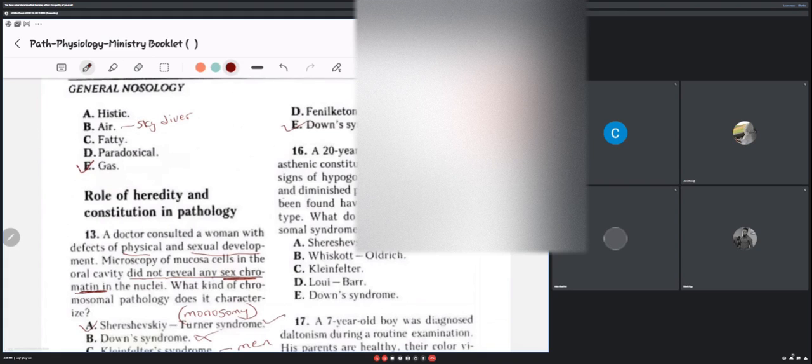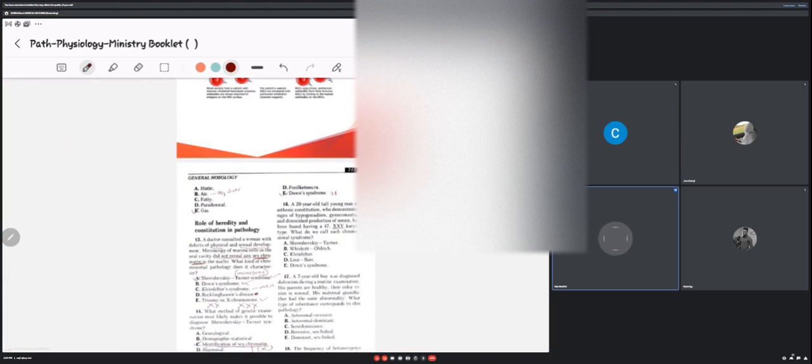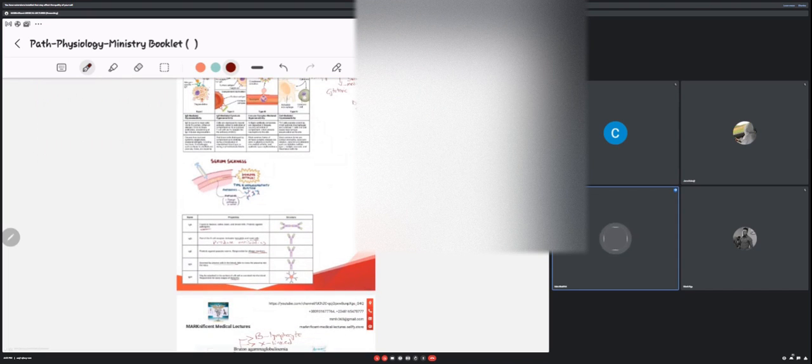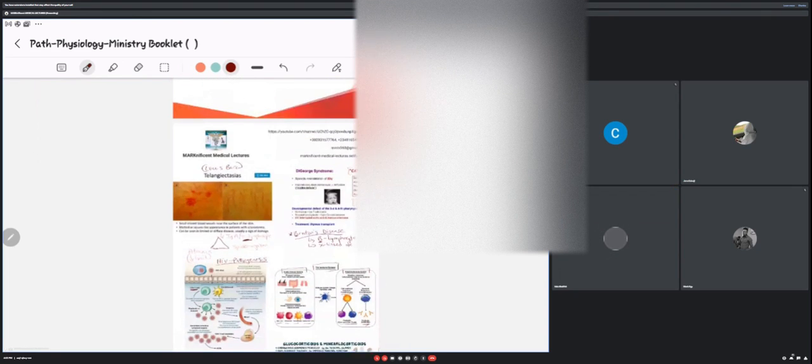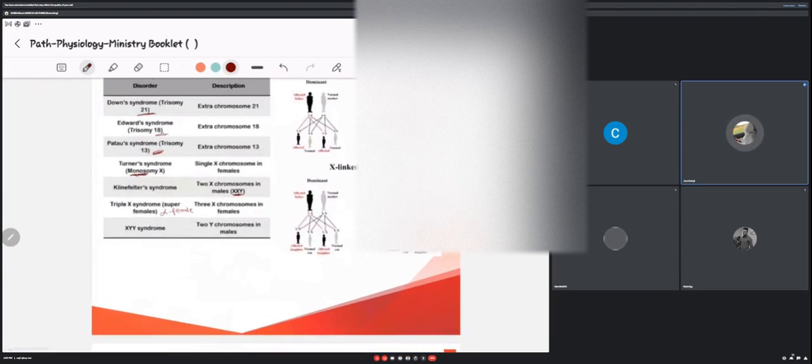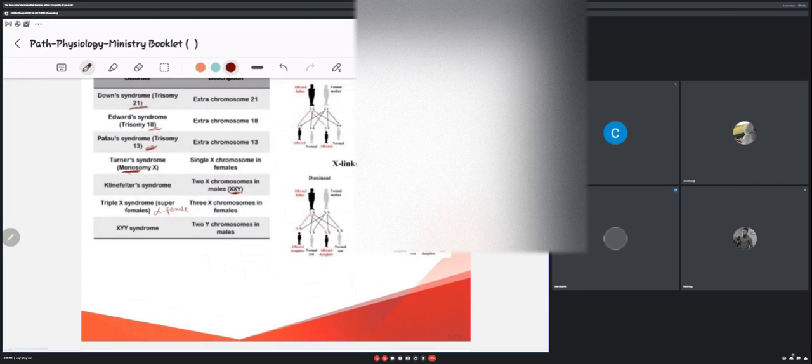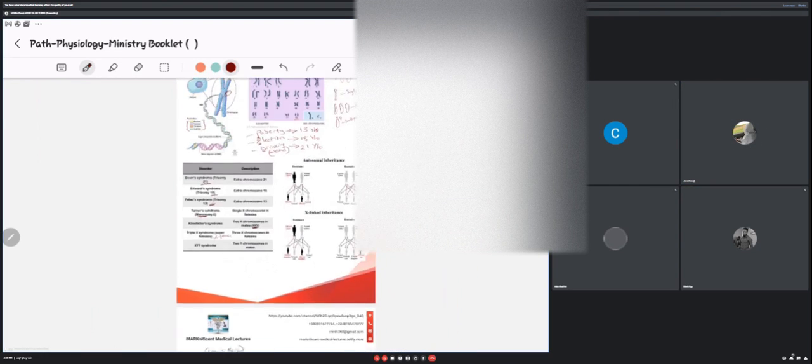A 20-year-old young woman with, well, let me just skip all of this. It has found XXY. That's triple X with Y. What do you think it is? Klinefelter, or first Turner. First of all, it's a man, right? Yes, it's a disease peculiar to men, so you rule out Turner syndrome. So it's Klinefelter, yeah, with the XXY there, the extra X chromosome.